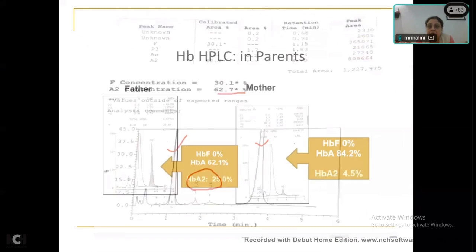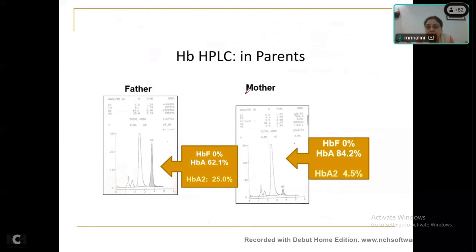Okay, so now let's look at the HPLC of parents. This is the father. Here the HbA2 is 25%. So Shraddha, with an HbA2 of 25%, is it a heterozygous beta thalassemia? Yeah, it is.